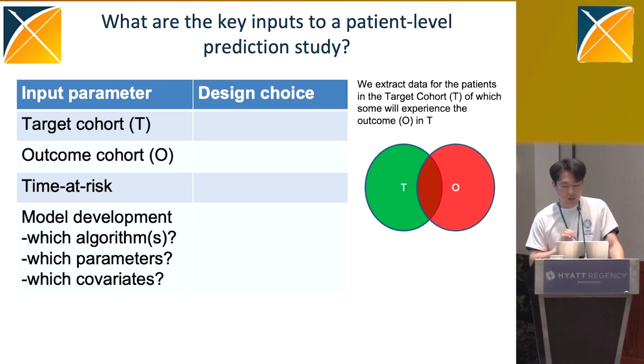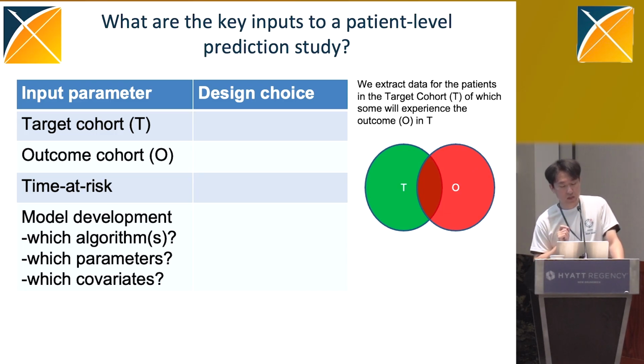Within this framework, we can start to think about what each of the key parameters should be. The first thing is the target cohort. The target cohort is the group of patients we want to make predictions for, essentially our study population. Then the outcome cohort represents the specific events we are trying to predict.